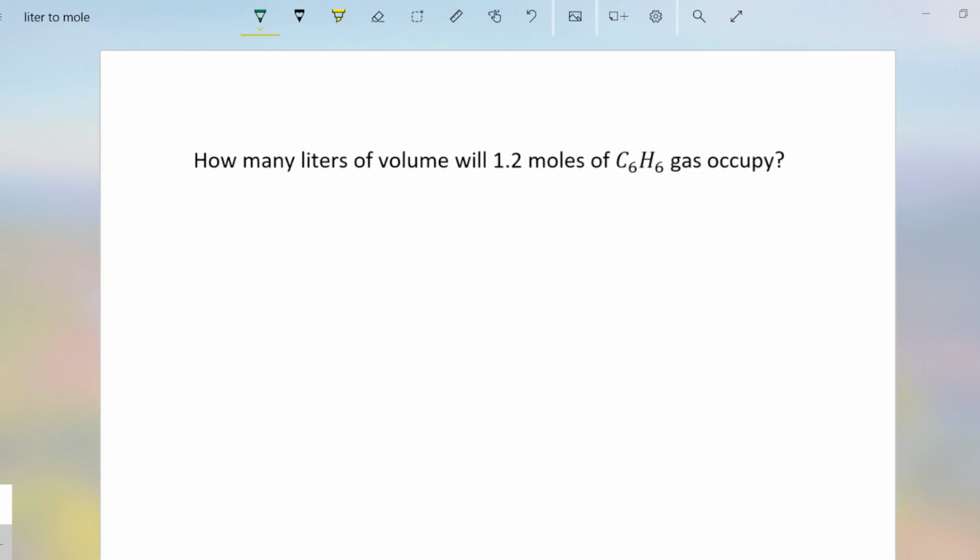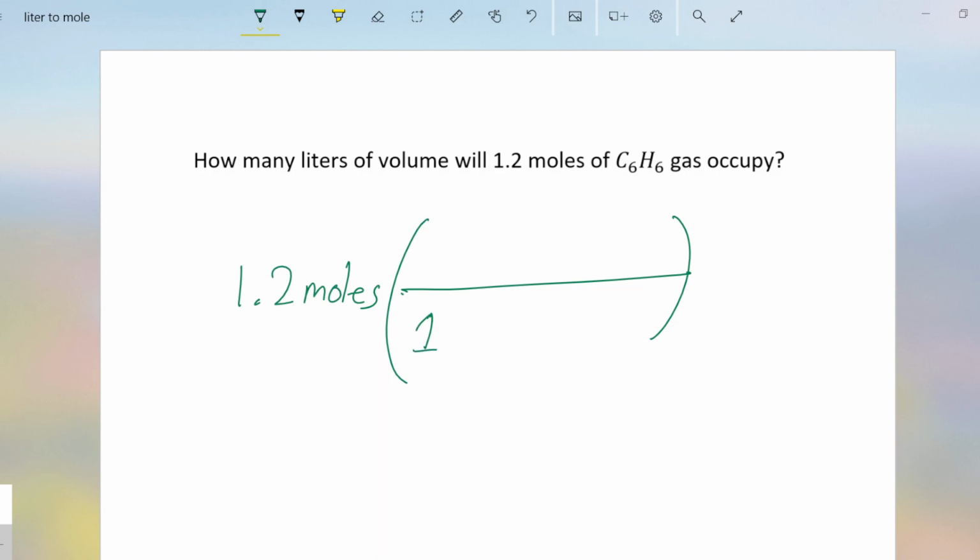The last problem, just to kind of drive it home, let's talk about 1.2 moles of C6H6 gas, and how many liters will it occupy? This is benzene. I talked about that in an earlier video. Super important for industrial chemistry. But we start off by writing out our 1.2 moles. And to that, I multiply my boat, which I store my mole stuff below because we are leaving Mole Island.